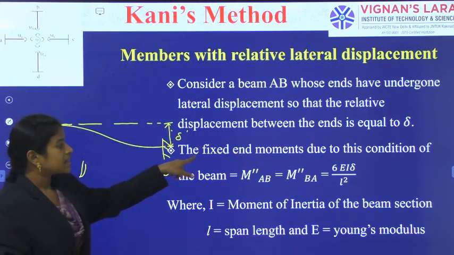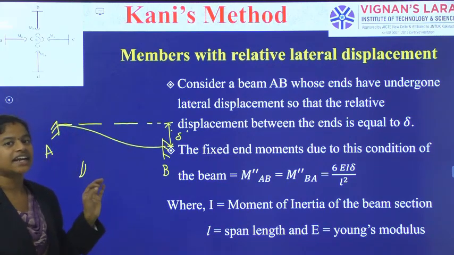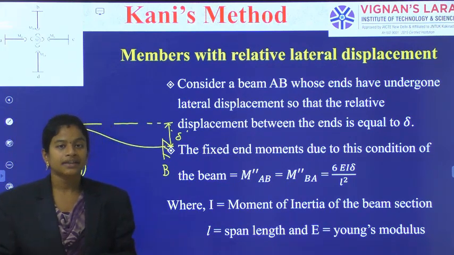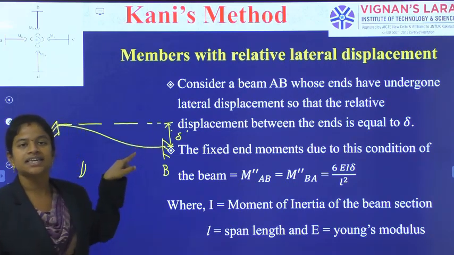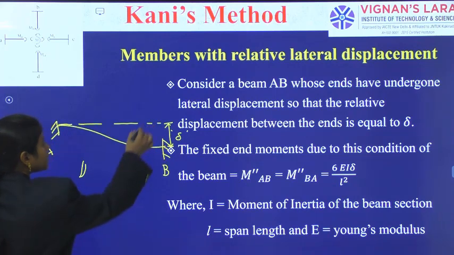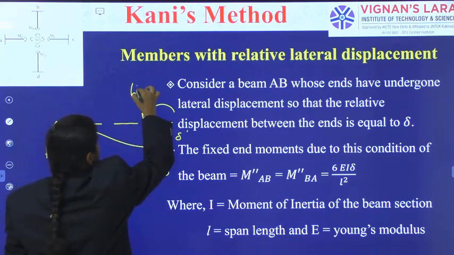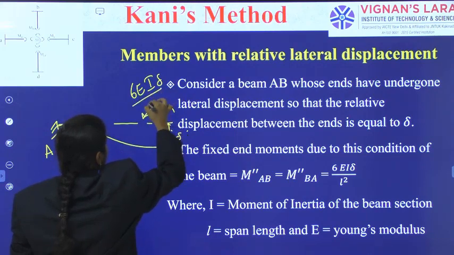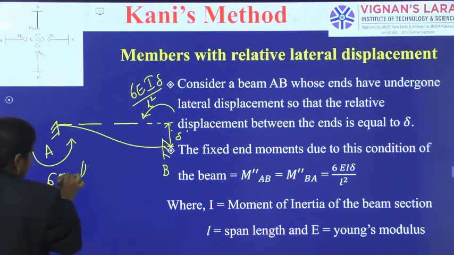Now the fixed end moments due to such a condition. We have already generated a fixed beam with a sinking support. There we have calculated what the fixed end moments are due to a sinking of delta when the right side B is sinking. At this condition we have observed a fixed end moment of 6EI delta by L square, and here also 6EI delta by L square.